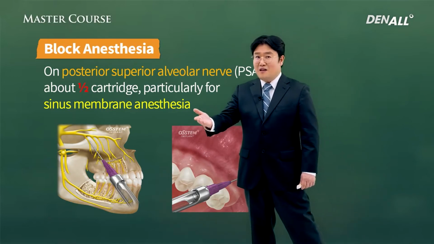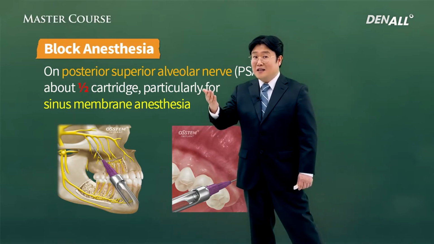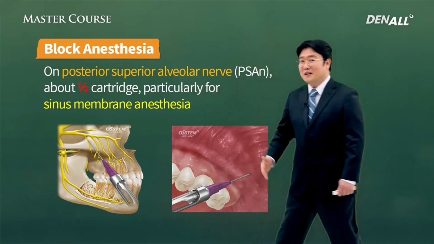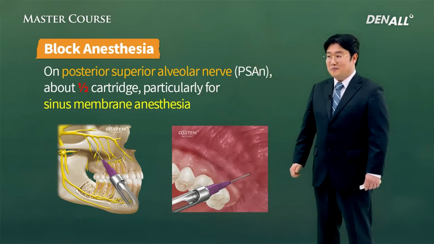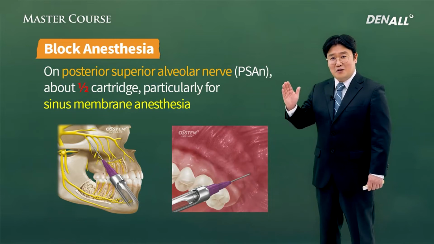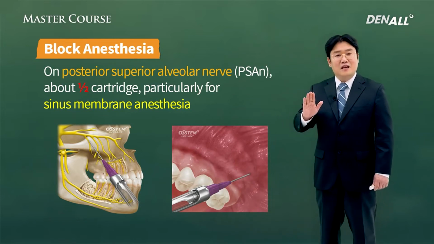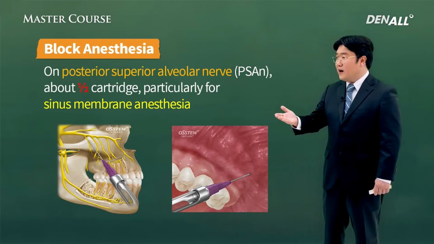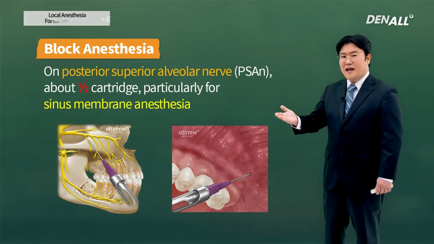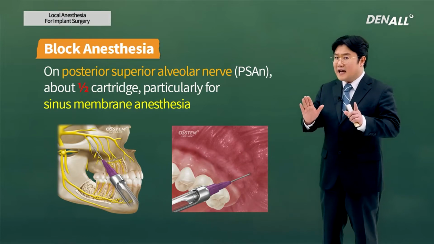Compared to infiltration, it injects more amount to a deeper area. The main reason for doing this is, especially when you do the sinus lifting, the posterior superior alveolar nerve block can also block the sinus membrane.